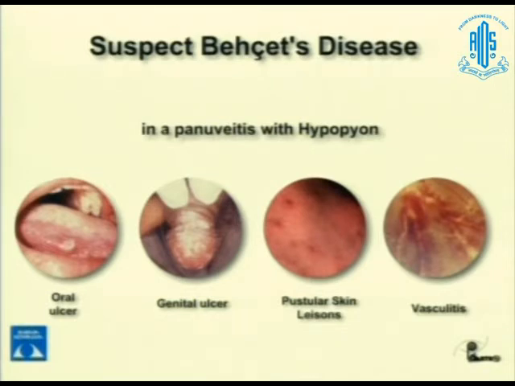So, suspect Behçet disease if you have the following features also, like oral ulcer, genital ulcer, pustular skin lesion, and vasculitis. Remember, the same kind of pustular skin lesion can be seen in patients with prolonged oral steroid therapy also.